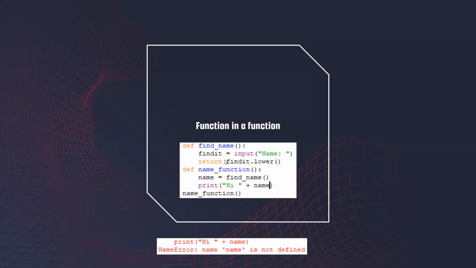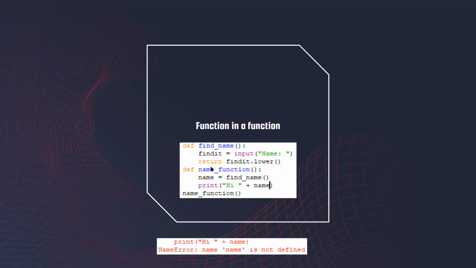So in case you want to store the name for future uses and you want everything to be in the same format, you can just use .lower. .upper is fine too, a lot of people like to use .upper. So I just set the variable find it as the input and I return.